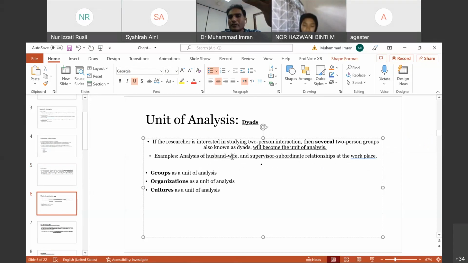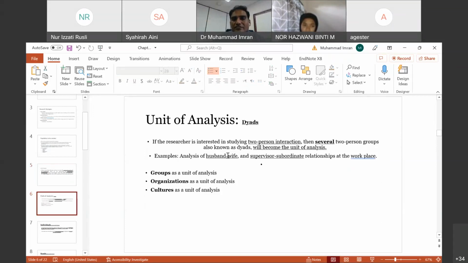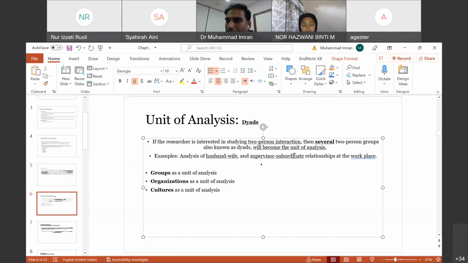And for another couple, we also take one response from the husband and one from the wife, and we will have two data sets. For employees there will be one data sheet. Here there will be two data sheets. One data sheet belongs to the husband, and the other belongs to the wife. Likewise, one data sheet belongs to the supervisor's response and the other to the subordinate.